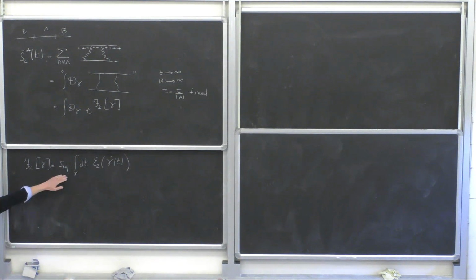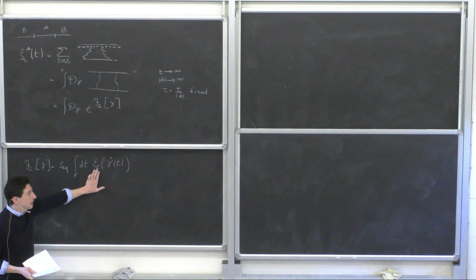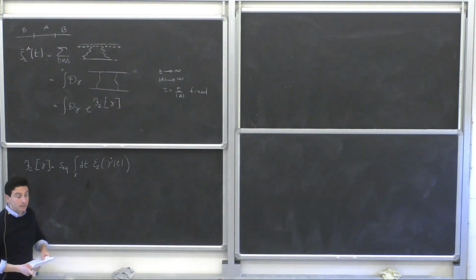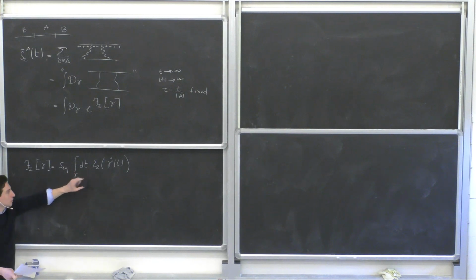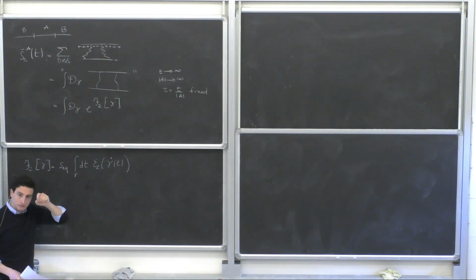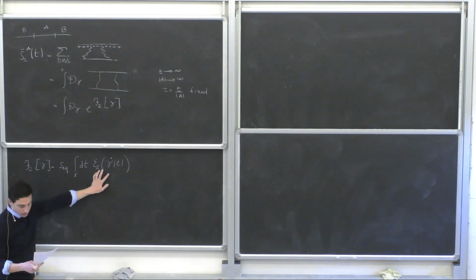You can write it as an integral over t of a cost function associated with the velocity of that curve. And we saw a manifestation of this at the microscopic level when we had the minimal cut picture, because this is simply a sum over the small time step times the cost of that curve. And in the minimal cut picture, this is simply the length of the curve. Right?